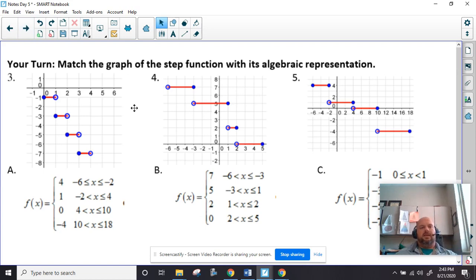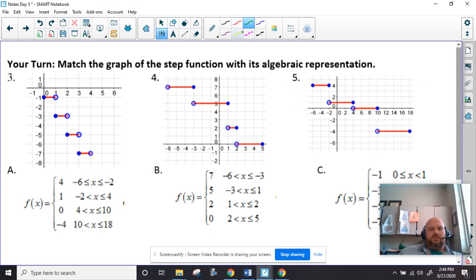All right, now this is a your turn, but I'm going to actually do this one with you, or at least one of them with you. And this is why. Basically, when you're doing these, let's use purple. I'm looking at my y values. Here I have a -1, -3, -5, and a -7.